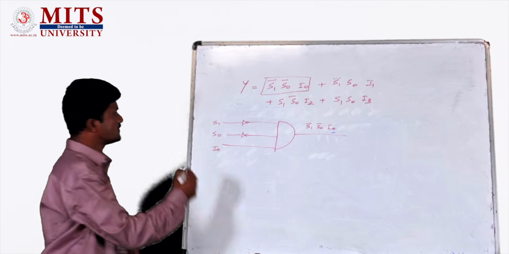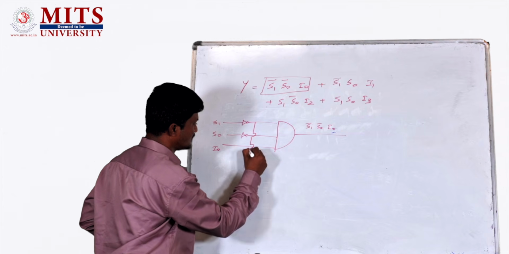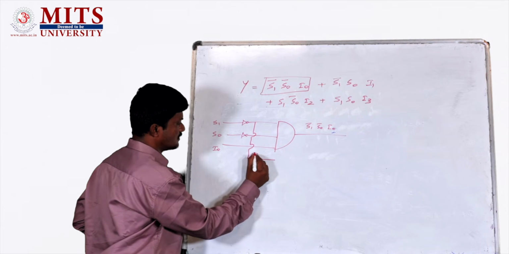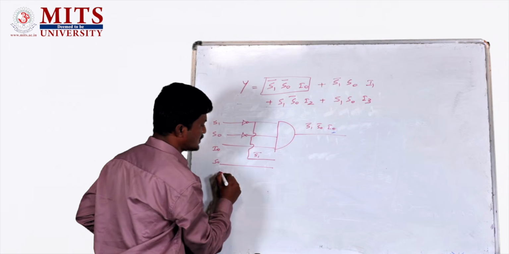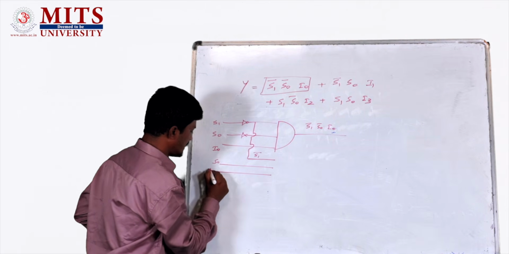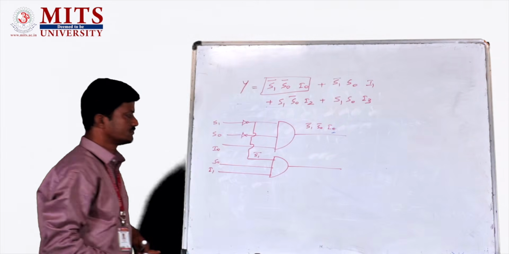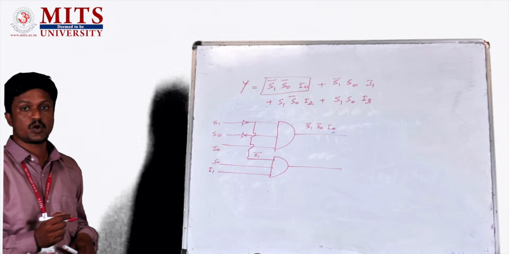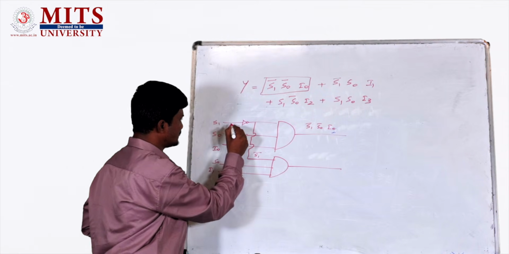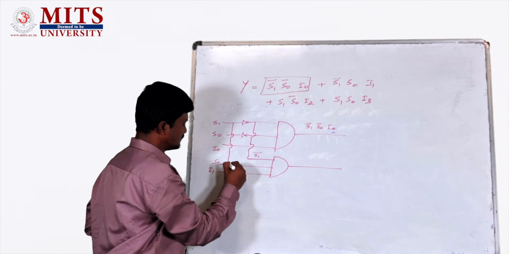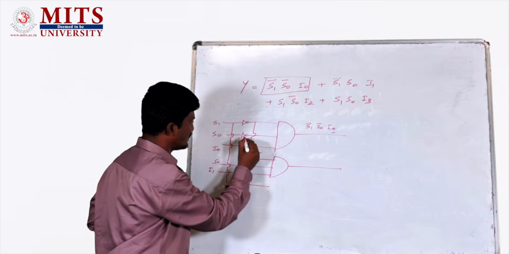The second term has S1 bar, so we already have the inverter for S1 bar. Then the second variable is S0, and the third one is data input I1. Then the third term is S1, S0 bar, I2. For S0 bar, we already have the inverter.